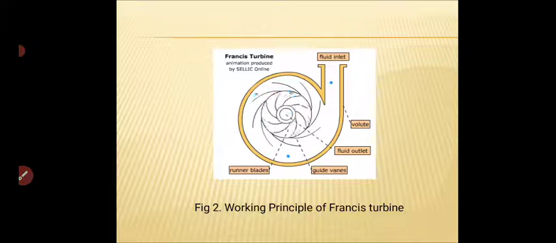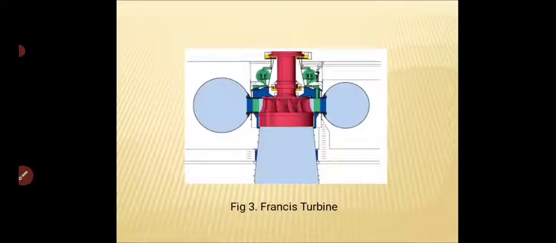Observe the main parts of the Francis turbine: volute casing and runner blades, guide blades, and the fluid outlet through the shaft at the eye end.